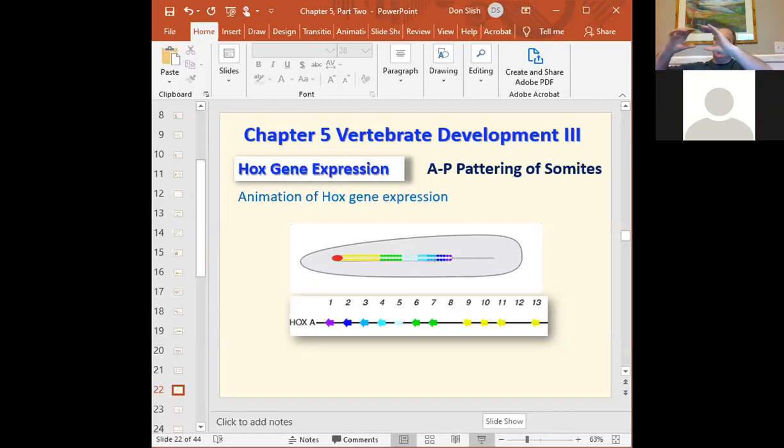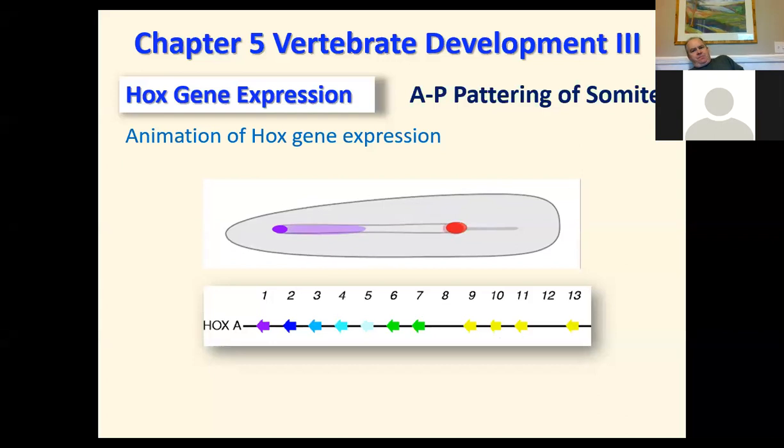And whatever Hox genes are on when cells pass the differentiation wave front, those are the Hox genes that are expressed in that somite.